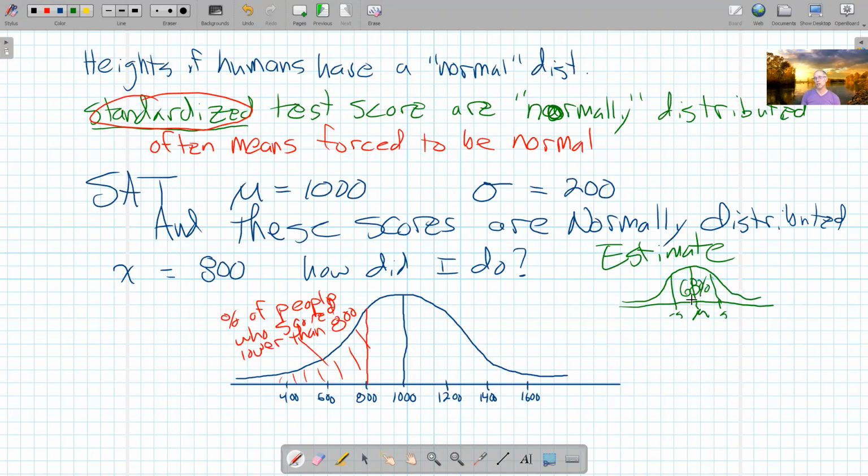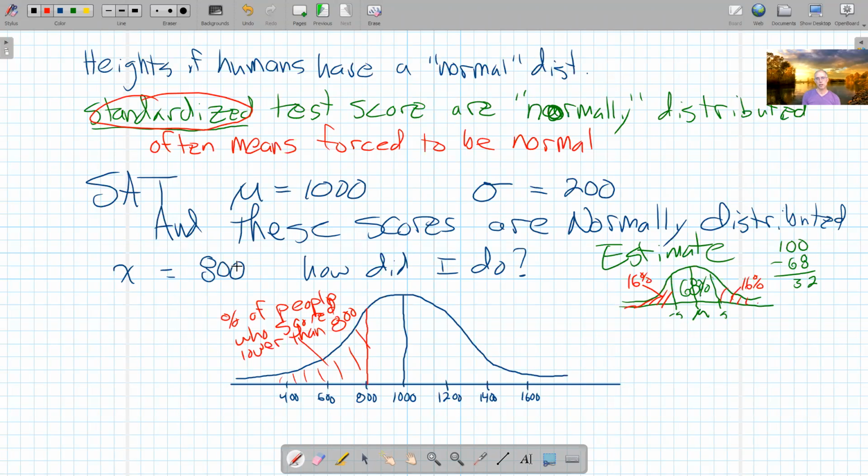If there's 68 in the middle, 100 minus 68 is what? 32. So that means the tails have 32 to share. So this left tail here should have about 16% of the data, and this right tail here should also have about 16% of the data.